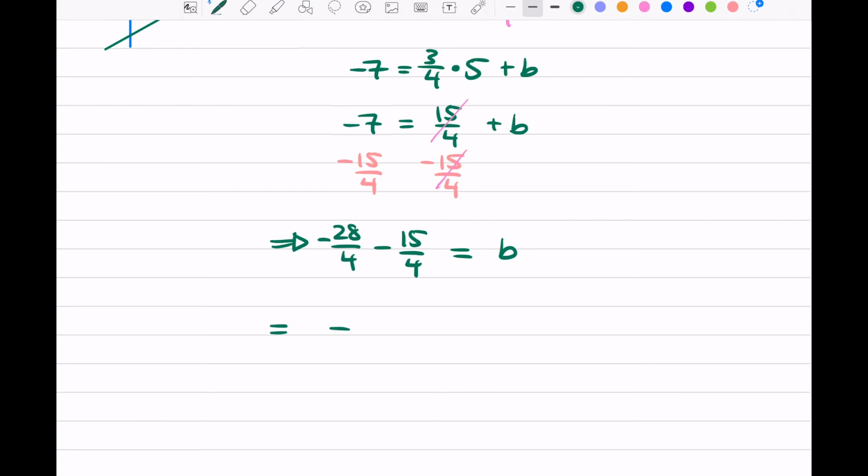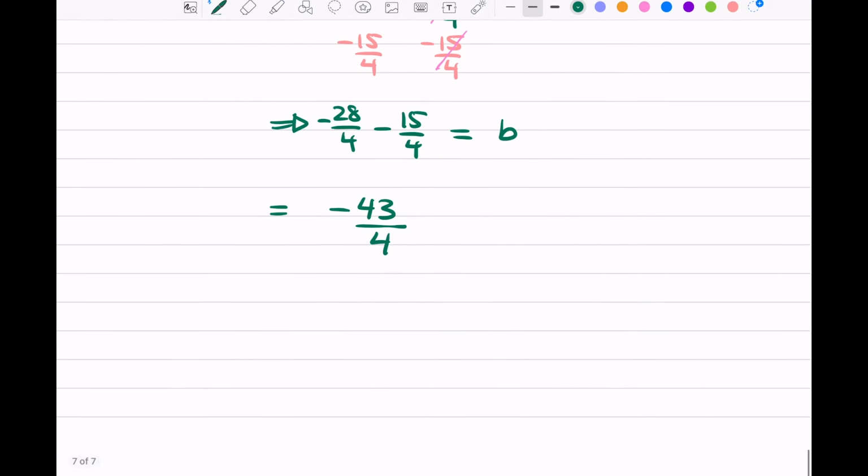This is -28 minus 15 on top, so that's -43, and then divided by 4 on bottom. That is our answer. That is what b is. If you want to rewrite this, you could rewrite it as -10 and 3/4.